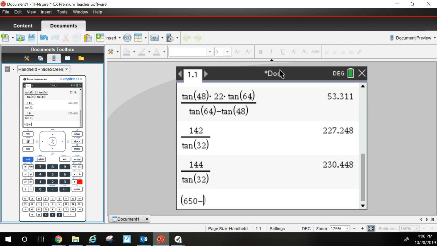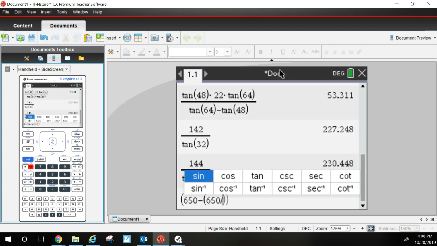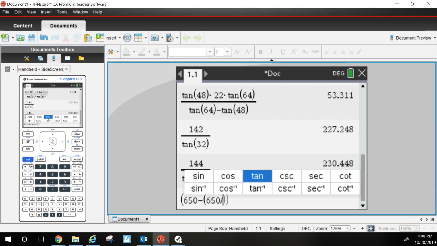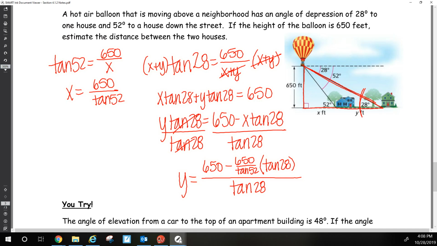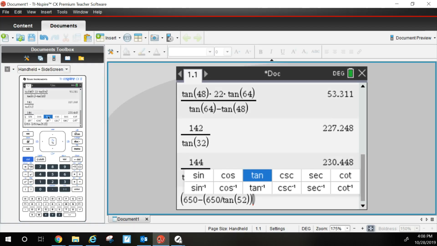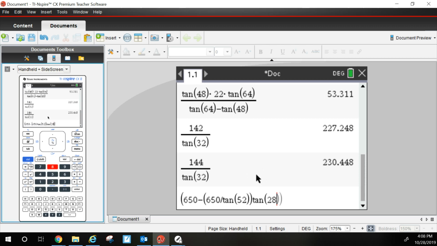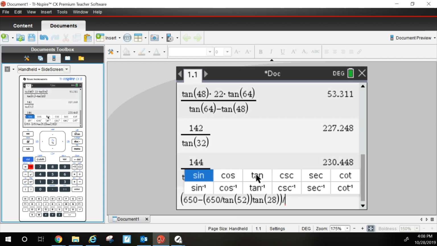I need to be very careful, so the 650 divided by tangent 52, times, what's left up there, tangent 28. And then I'm going to come out of those parentheses and divide that whole thing by tangent 28.